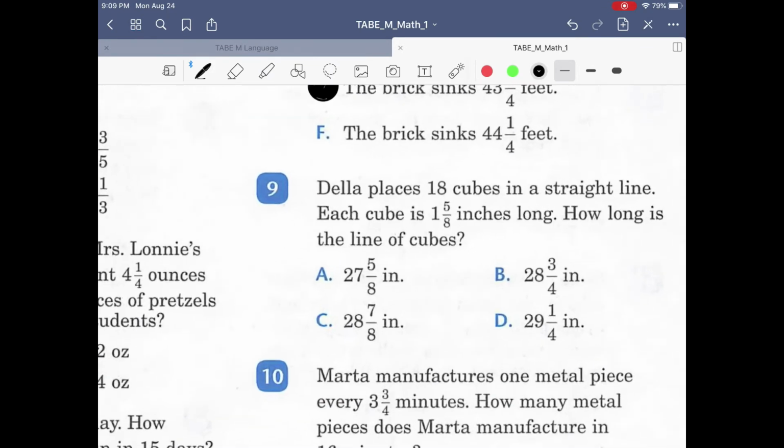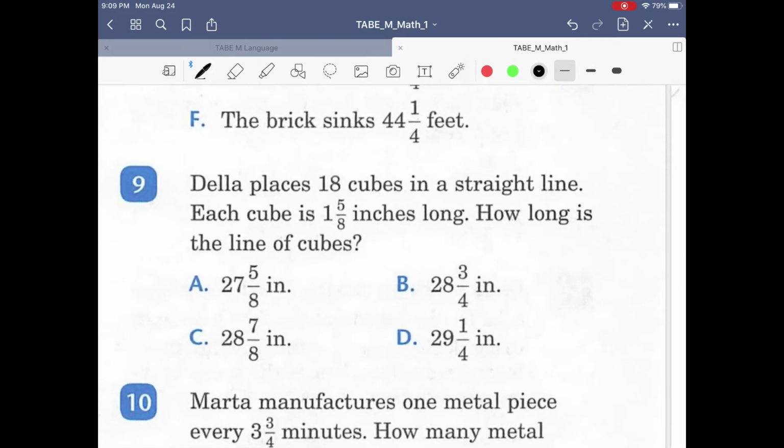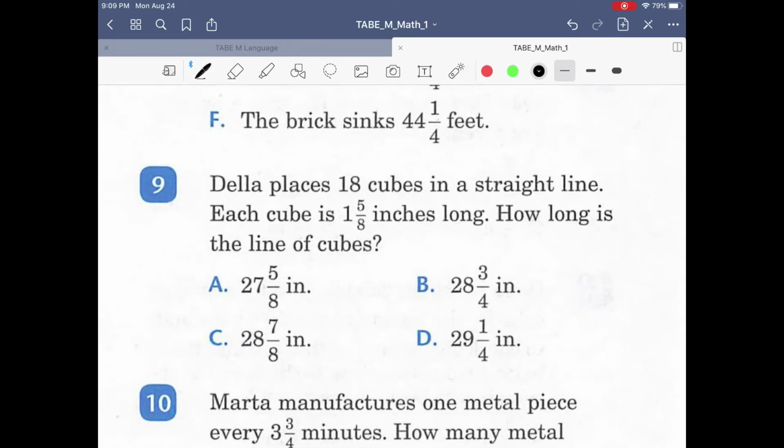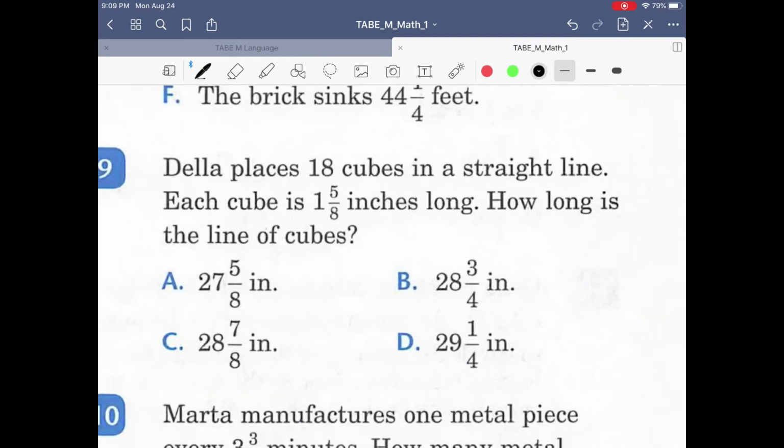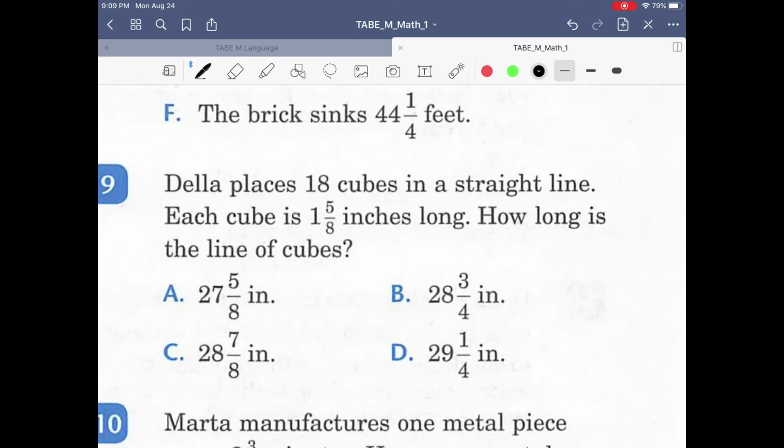Number 9. Della places 18 cubes in a straight line. Each cube is 1 5/8 inches long. So how long is the line of cubes? That's going to be 18 times 1 5/8.